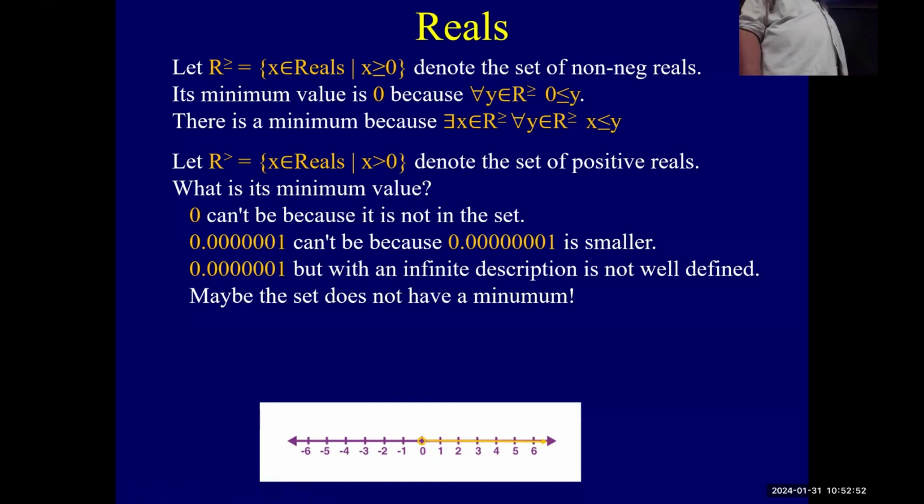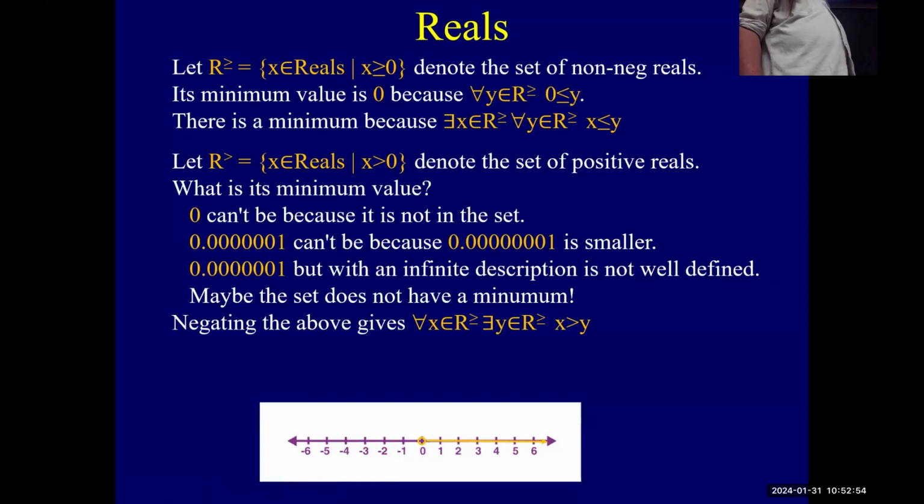All right, so if it doesn't have a minimum, how would we prove that? This statement up here is the statement that it has a minimum. Remember, there exists a number in the set that's the minimum. And why is it the minimum? Because every other guy in the set is bigger. So we negate that. We turn the exists into a for all and the for all into exists.